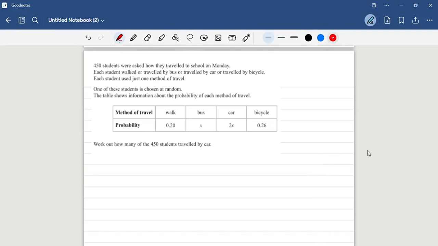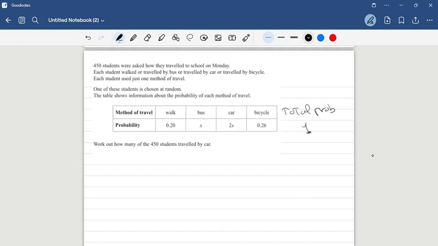In this question, it depends on probabilities. Of course, the first information we need to know about probabilities is that the total probability of anything is equal to 1.